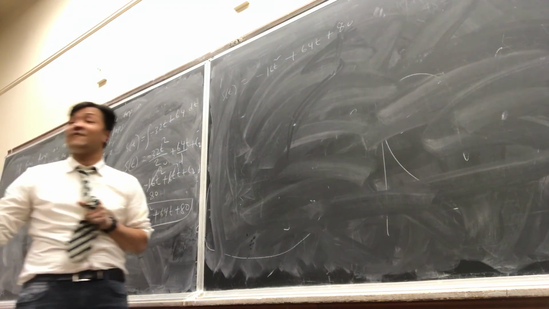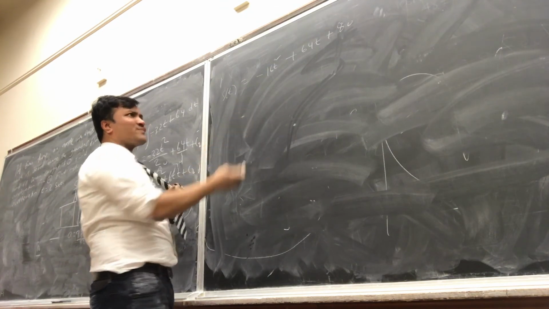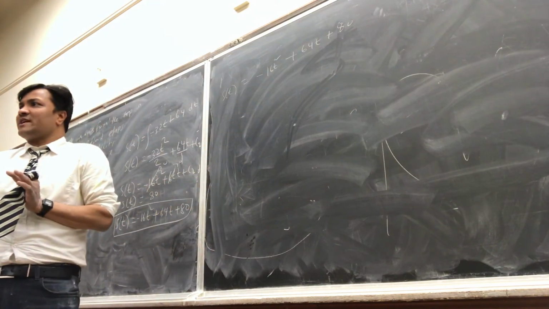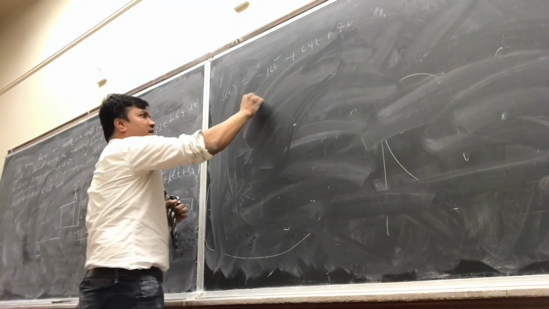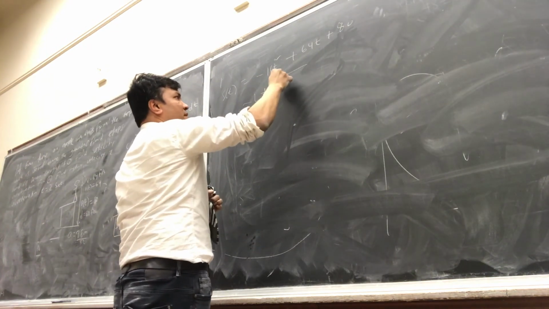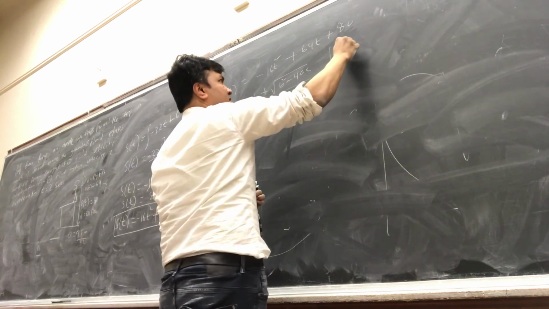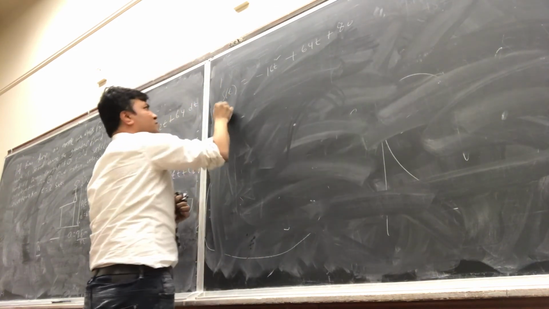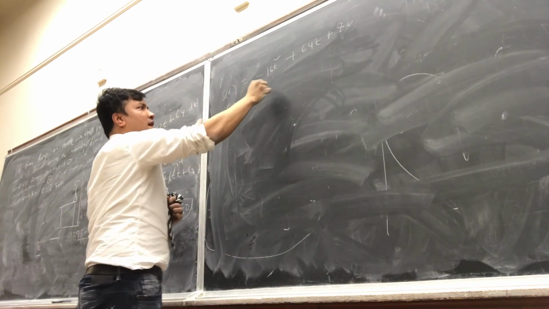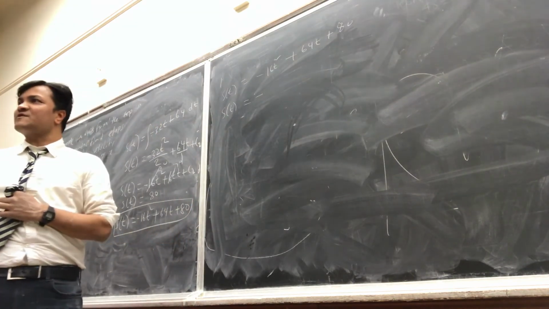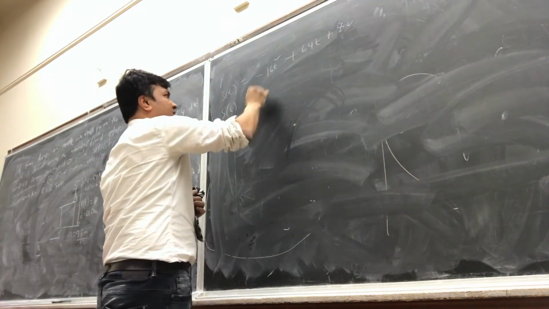Solve for t, very good. There are two ways to do it. You can use the quadratic formula, negative b plus or minus the square root of b squared minus 4ac, over 2a. Or why don't you factor out 16? Okay, factor out 16.